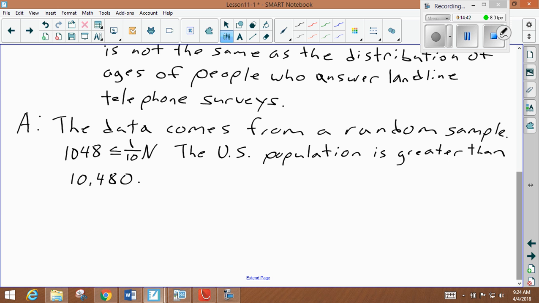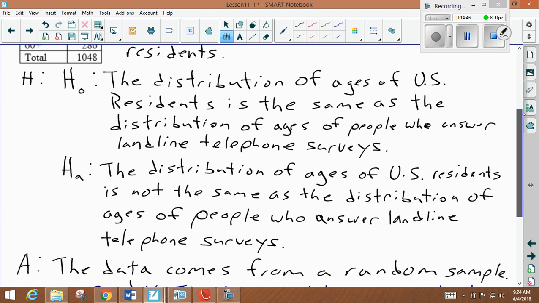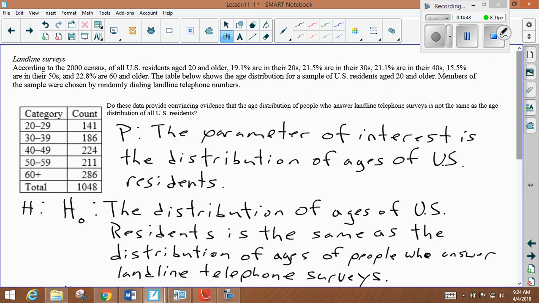If we have a sample size of 1,048, and 141 of them turned out to be between 20 and 29, how many would we have expected, based on the fact that the entire population has 19.1% of people aged in their 20s?